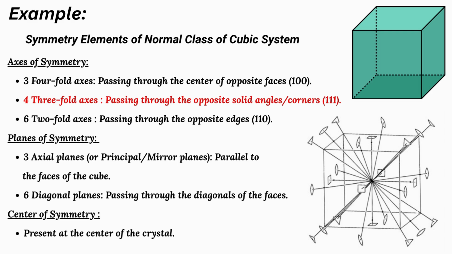From face center to opposite face center is a 4-fold symmetry. From diagonal, that means corner to corner, there is a 3-fold symmetry, and similarly from edge to edge there is a 2-fold symmetry.